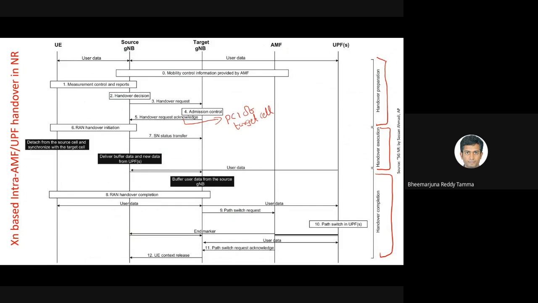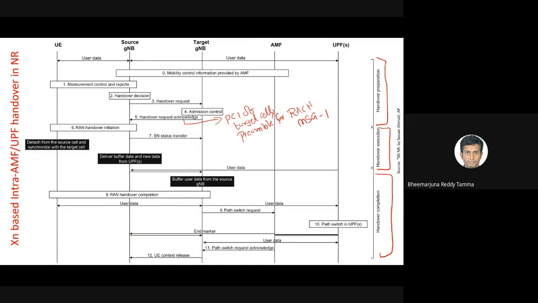The PCI of the target, right? So what is the physical cell identifier of the target cell? And a preamble to use for RACH message 1. That is conveyed in message 5 from target gNodeB to the source gNodeB. So that the user equipment doesn't have to listen to all the system information like SIB1, SIB2 and other things.